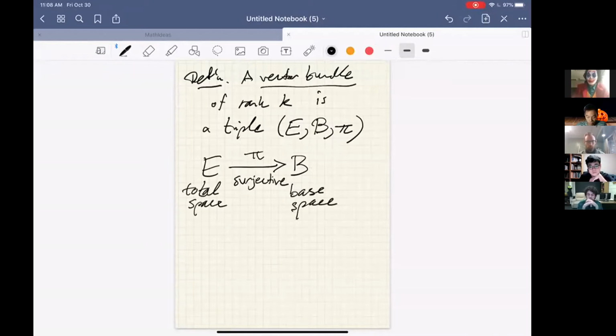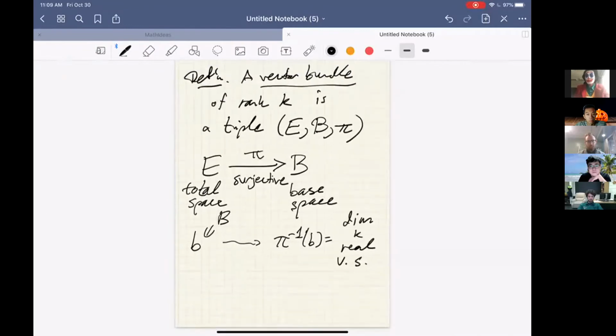Okay, and you want that for every point, little b in the base space, the inverse image of that point is a rank k, dimension k real vector space.